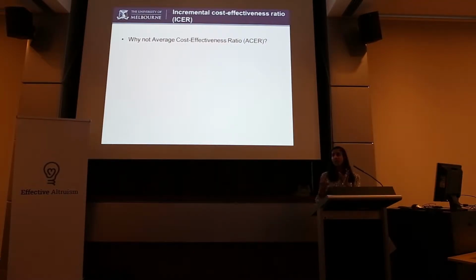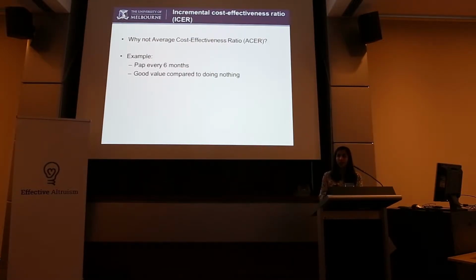And so you might be wondering, why not just have an average cost effectiveness ratio, where you have the costs of something and the outcome in the denominator, and you're not subtracting anything, you're not doing an incremental? To give you an example, think about a pap smear every 6 months to avert cervical cancer down the road. Doing that every 6 months is quite good value compared to doing nothing.